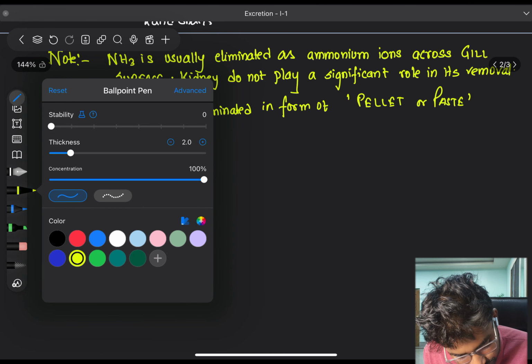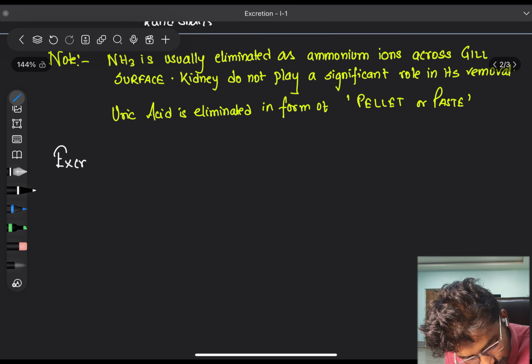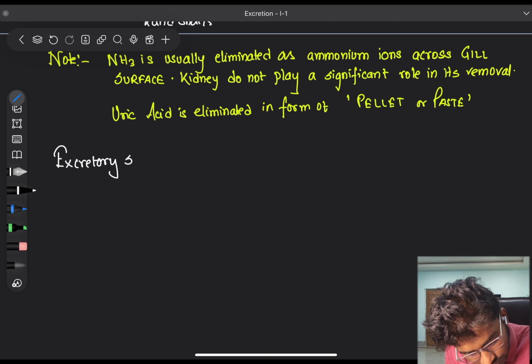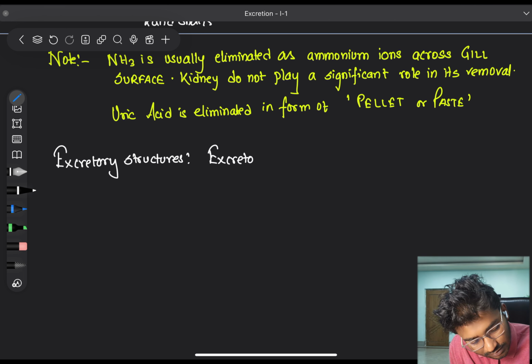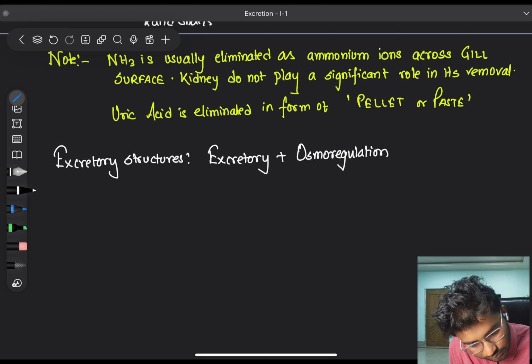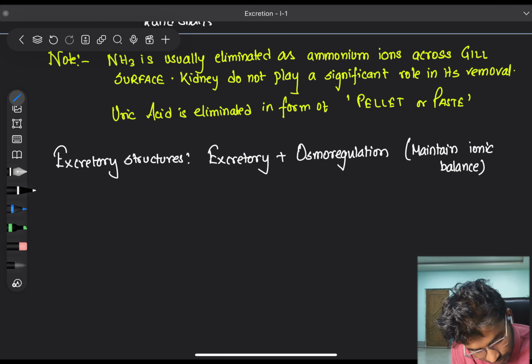Excretory structures plus osmoregulation maintain ionic balance. 1.